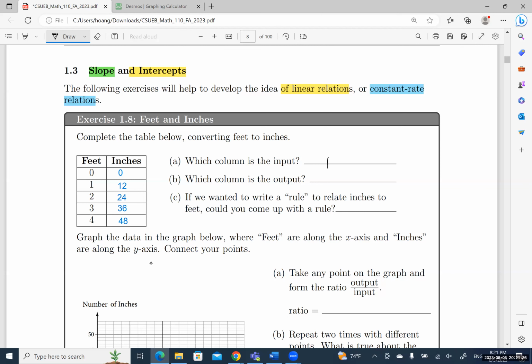And usually the one on the left should be the input. Let's say that. And the output will be the second column, so the output will be inches, right?